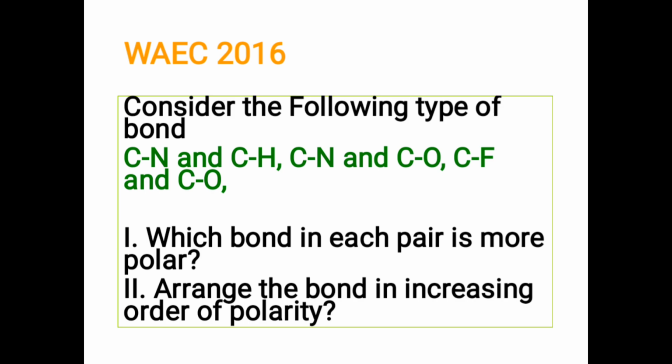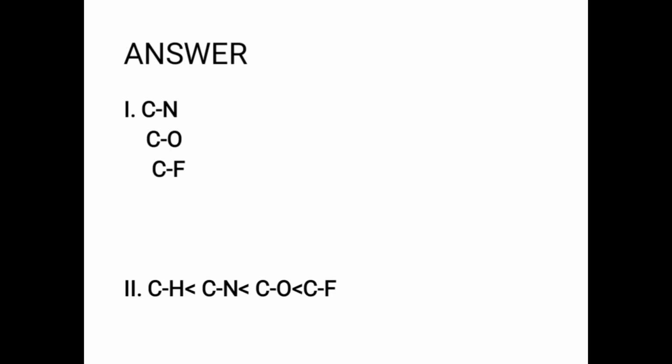Then the same thing, O is much more electronegative than N, and F is more electronegative than O. So in terms of increasing order, C-F is greater, and then C-H is the lowest there.